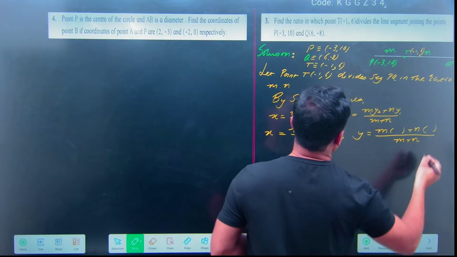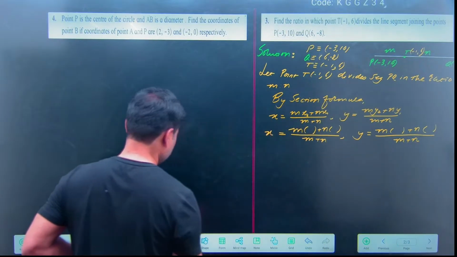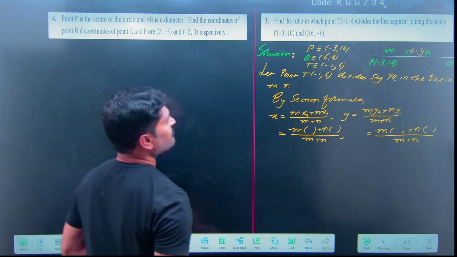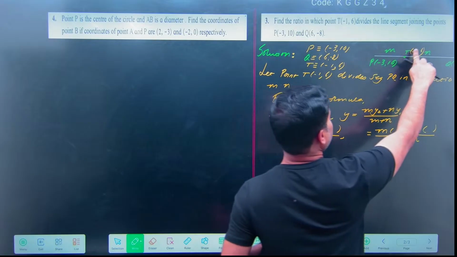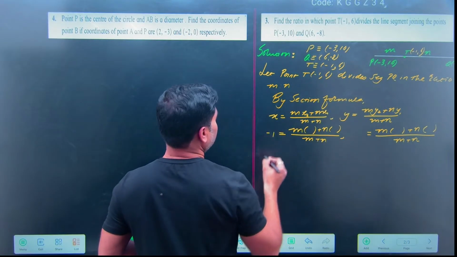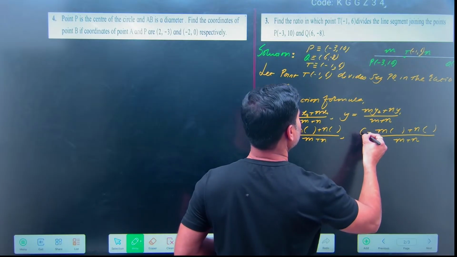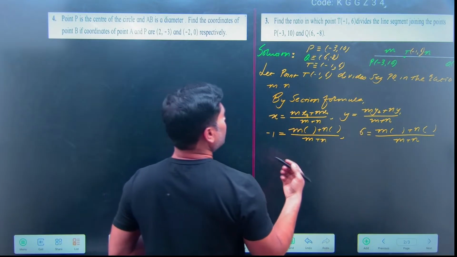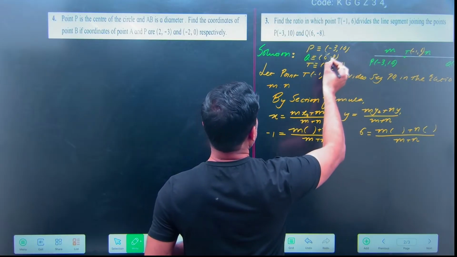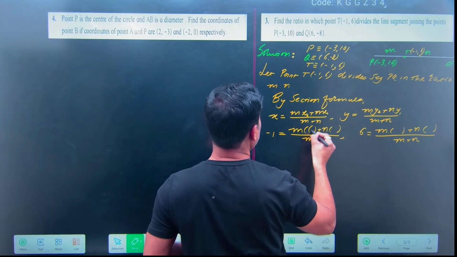And one more thing which I forgot to tell: they have given the values of x and y, so this is always x y, this is x1 y1, and this is x2 y2. So it is -1 and this is 6, and the values of x1 y1 and x2 y2, we can put there, 6.